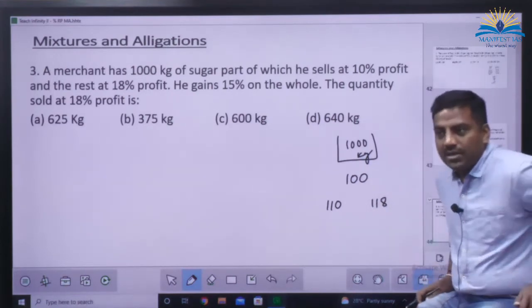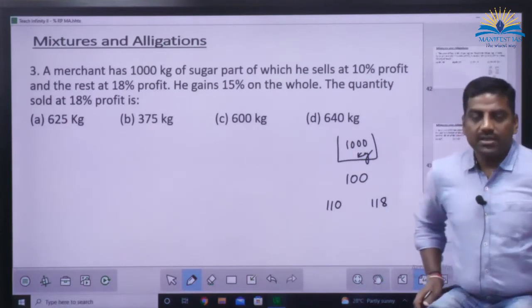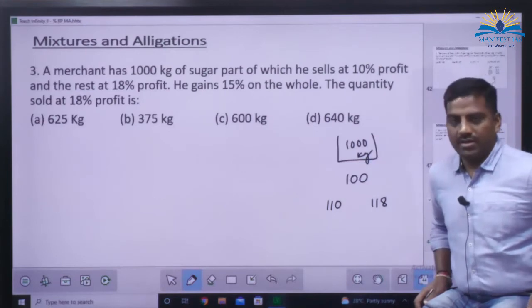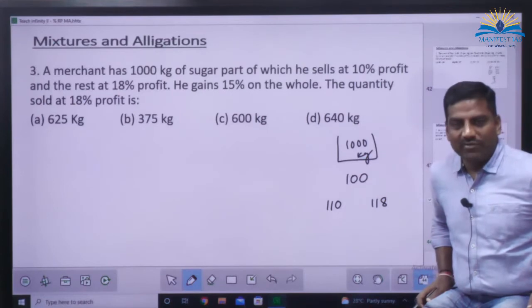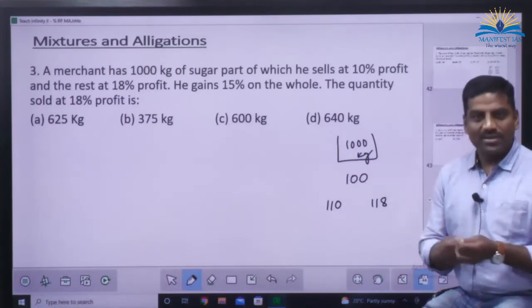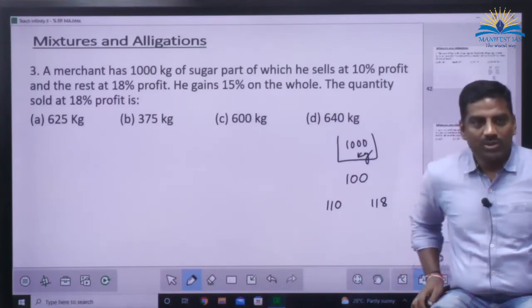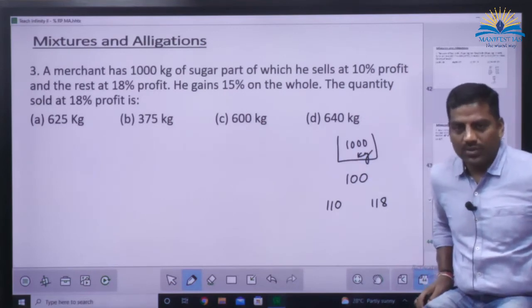Okay, let's say he has sold some sugar at 10% profit and some sugar at 18% profit. And finally he sold every kg, like his bag is empty now. And in the evening, he will sit and try to count, no? Like how much profit he has got. So finally, all 1000 kg sold.